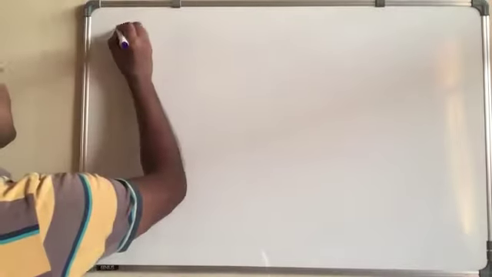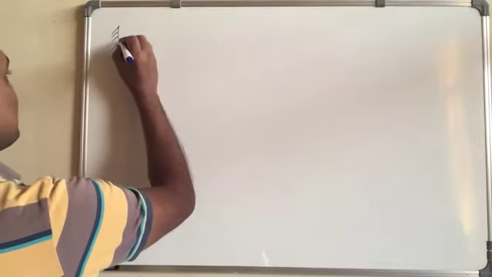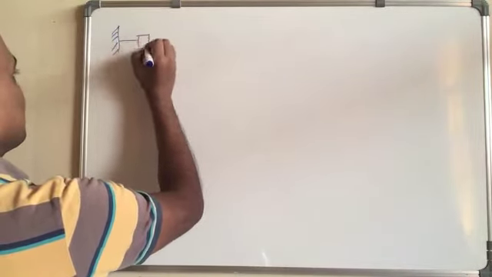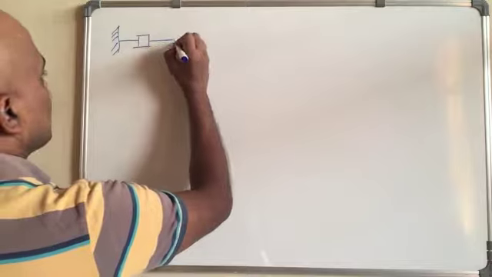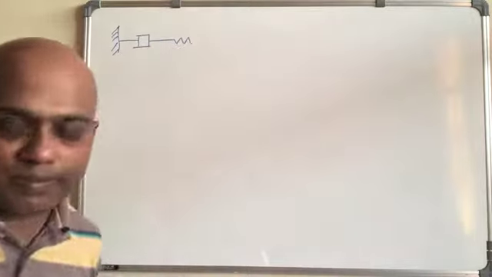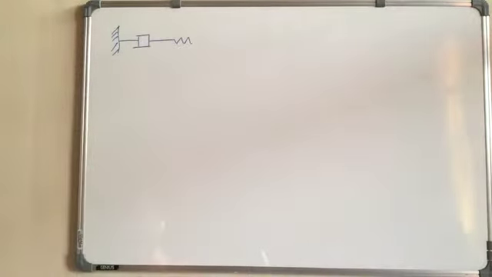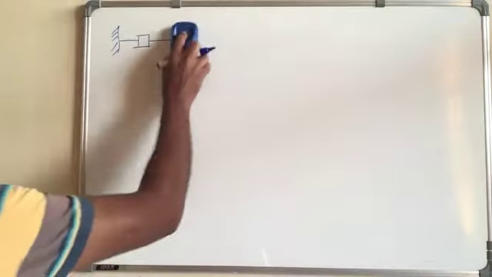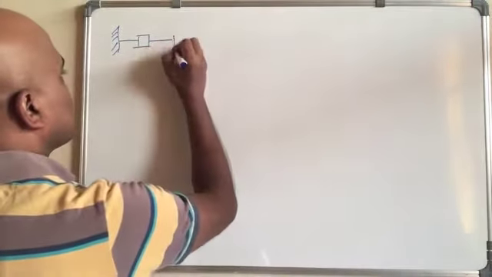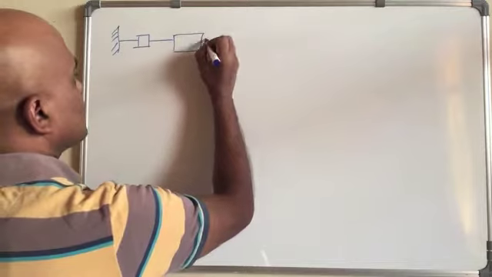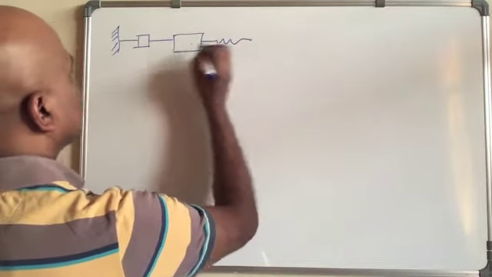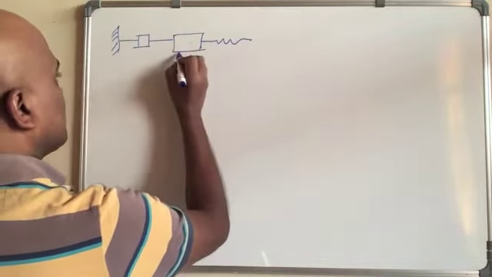Now there was one question that was asked, the same question was asked in quiz 1 and also the midterm exam, and the question was this. So we have this and then a spring like this one.